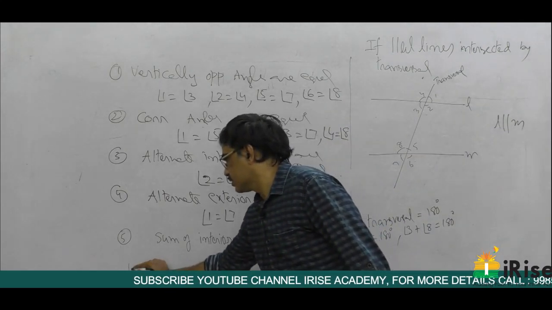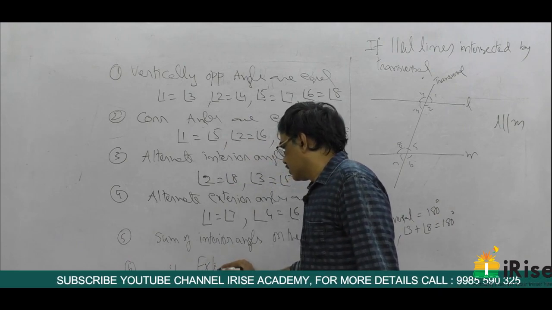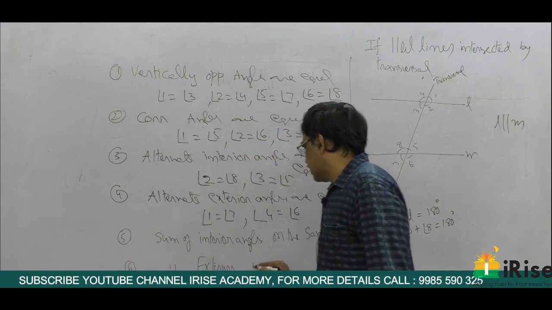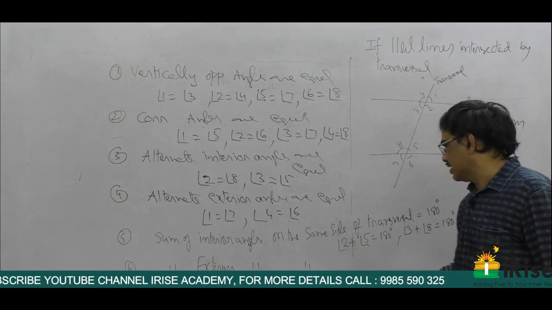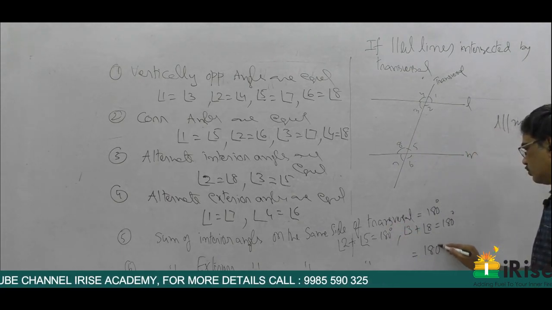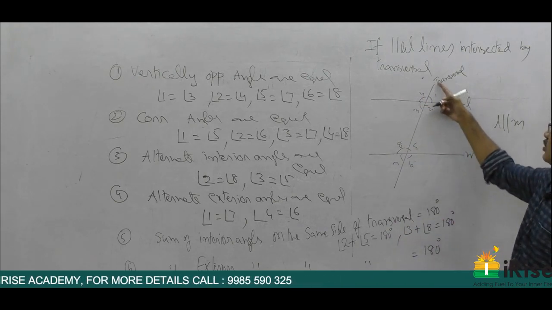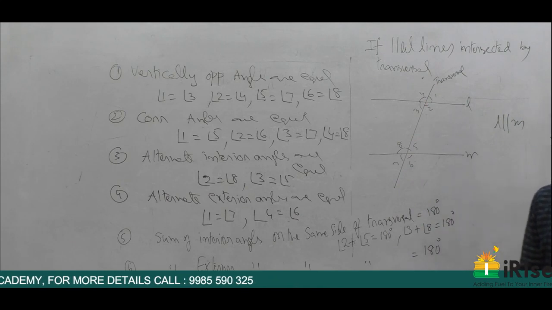Point number 6. The sum of exterior angles on the same side of the transversal is equal to 180 degrees.